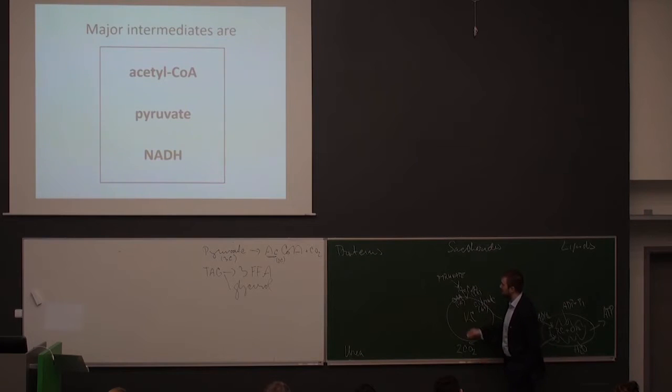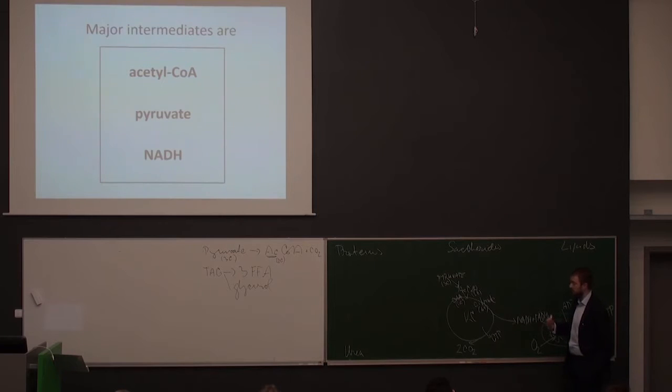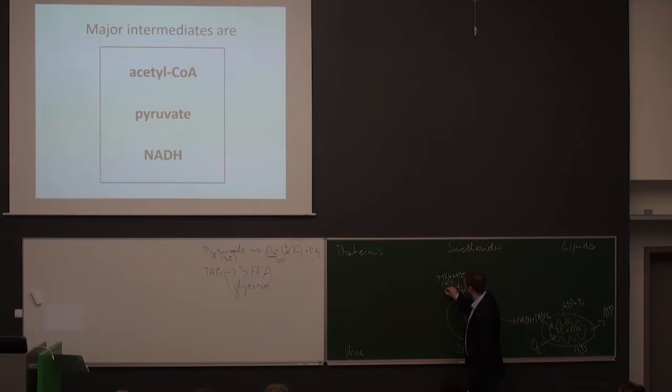As you remember, pyruvate has 3 carbon atoms. And the whole reaction is oxidative decarboxylation, and that means that you produce carbon dioxide. So this is the second important place where you produce carbon dioxide in your body.